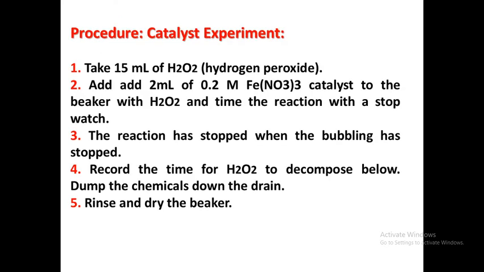Procedure: take 15 ml of hydrogen peroxide, add 2 ml of 0.2 molar iron nitrate to the beaker with H2O2, and time the reaction with the stopwatch.